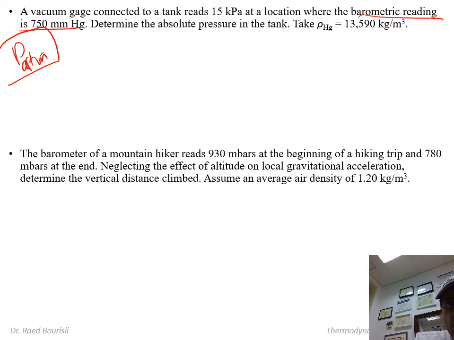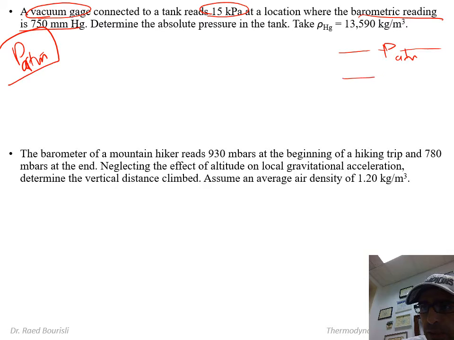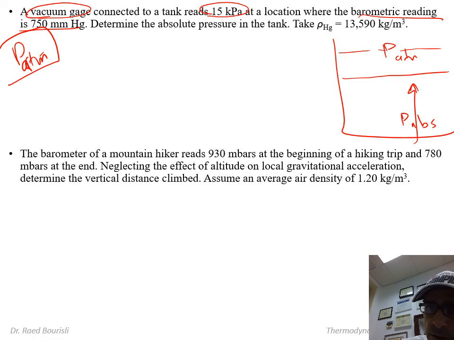And I have the vacuum. This is a vacuum gauge, and it gives me this. So you have P atmosphere. If you recall, if this is P atmospheric, and this is the absolute pressure, P absolute, then this guy is the P vacuum.